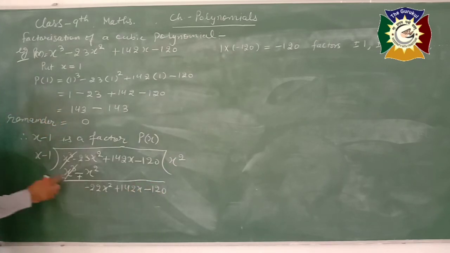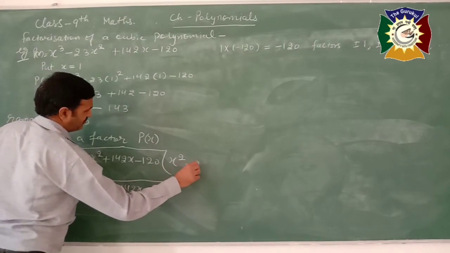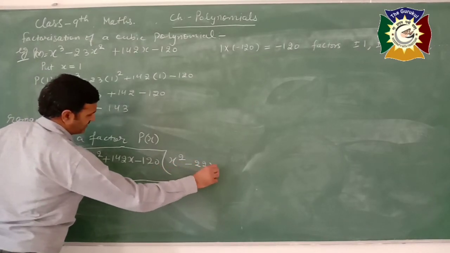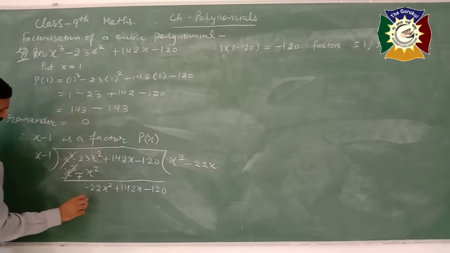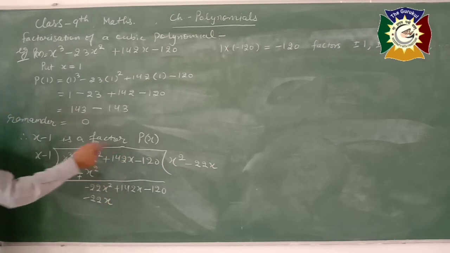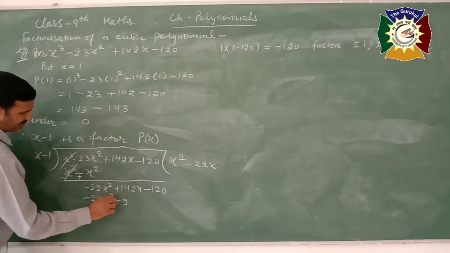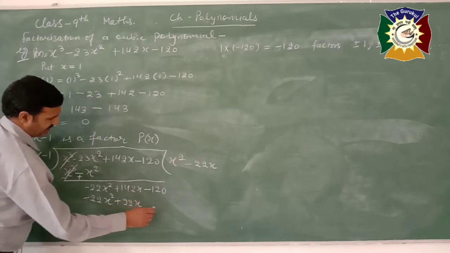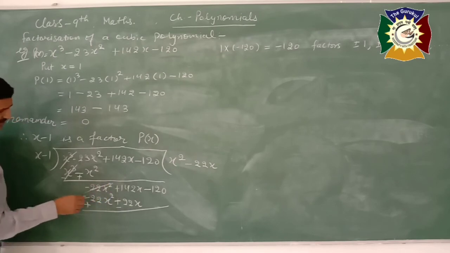Again divide the first term by this first. Minus 22x, we got the second term of the quotient. Minus 22x multiplied by this divisor: minus 22x square plus 22x. Again change the sign.